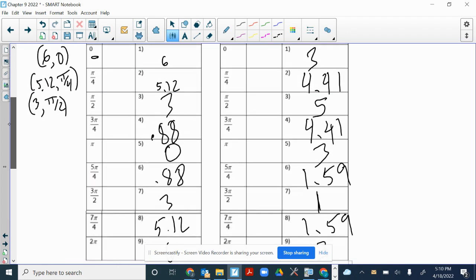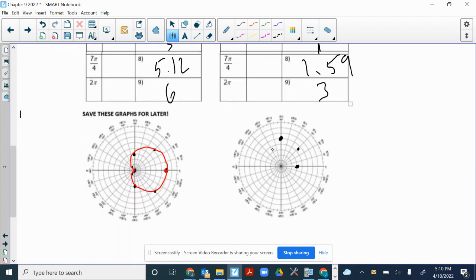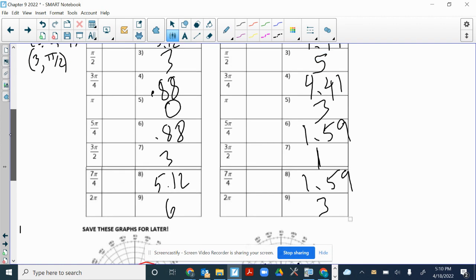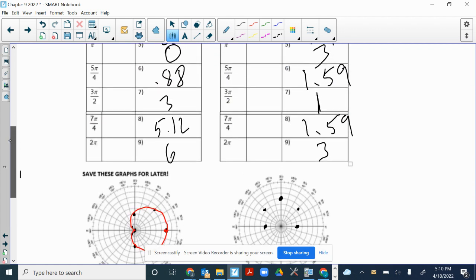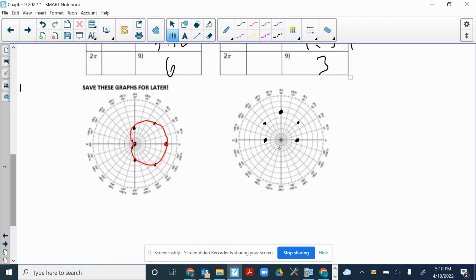And then same thing on the other side. So 3 pi fourths, just a little bit more than 4 circles. At pi, we're at 3. 1, 2, 3. So lots of symmetry here. 3 pi halves, we're down at 1. Oops, I skipped one.